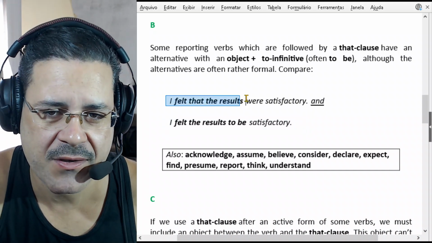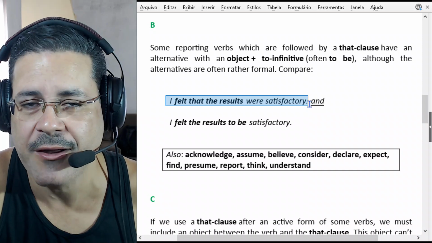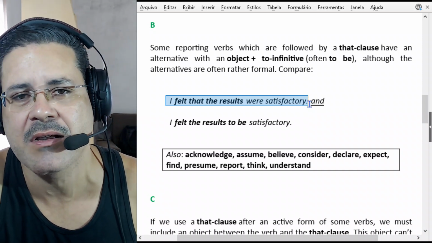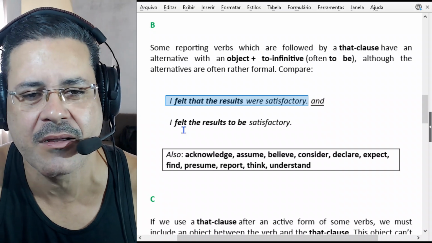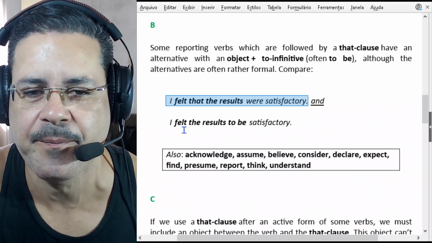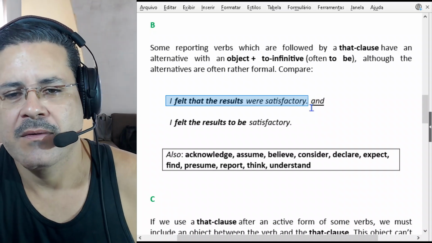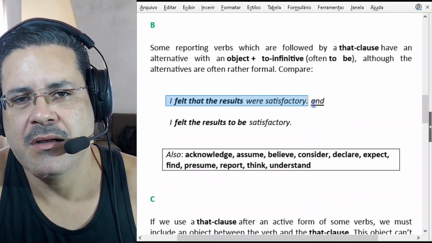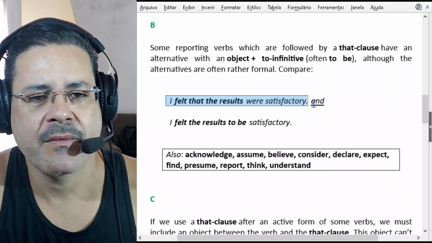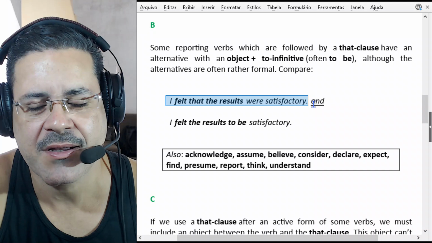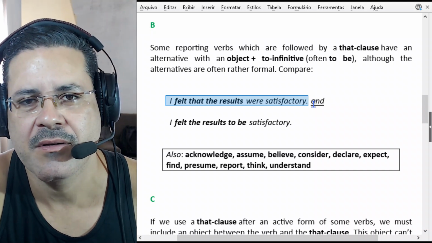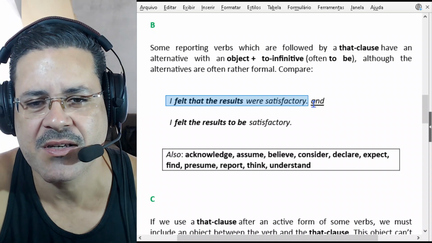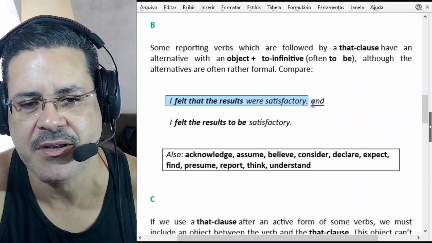The previous example is more important. I felt that the results were satisfactory. I found that the results were satisfactory. Asked about the results, he was like, the results were satisfactory. Or asked about the results, he went, the results were satisfactory.